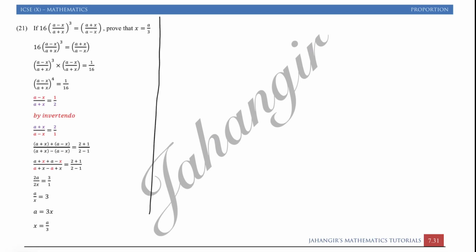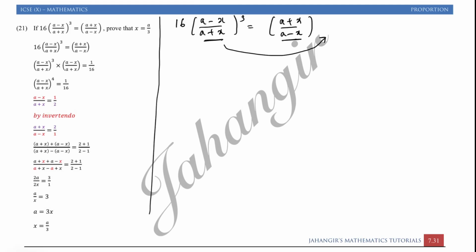Question 21. Here we have 16 ((a minus x) upon (a plus x)) whole cube is equal to (a plus x) into (a minus x). If you see, this bracket and this bracket are the reciprocal of each other. If I send this whole term to the other side, what will happen?